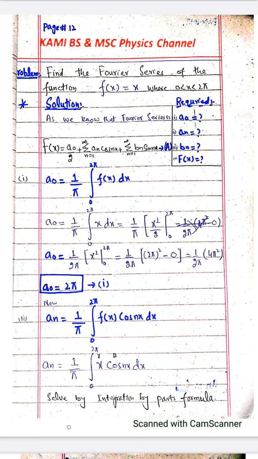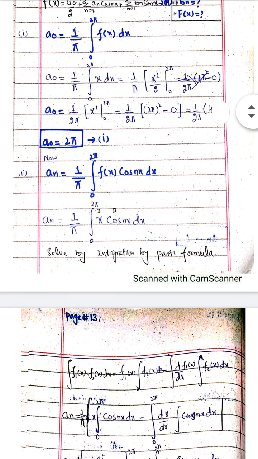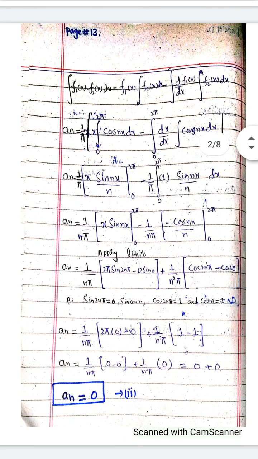So now we will solve this integral by the integration by parts formula. We know that the integration by parts formula is the integral of f1 of x times f2 of x dx is equal to f1 of x times the integral of the second function, minus the integral of the derivative of the first function times the integral of the second function. Okay, so this is the integration by parts formula.